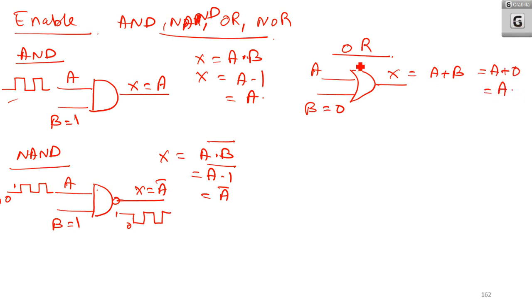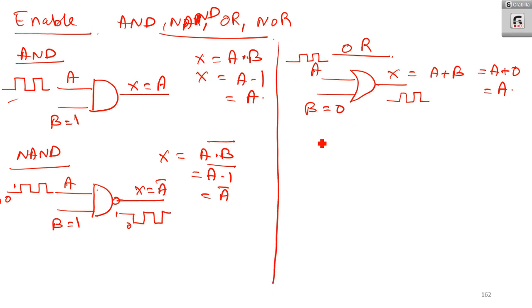That is A itself. That means if you have some pulse train A, you will get the same value as H. So you are enabling the signal coming in A to pass through the rest part of the logic circuit.